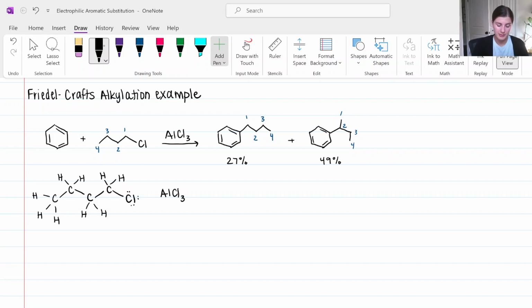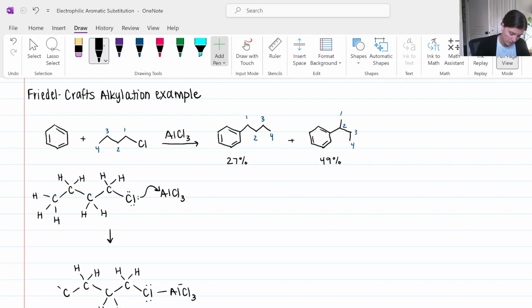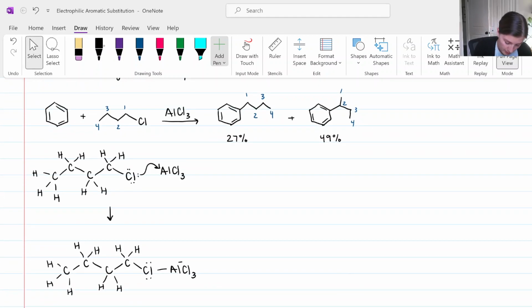All right, first step is the chlorine creates a bond to the Lewis acid aluminum, and that generates a Lewis acid complex. And if we were to bond, let me scooch this up real quick.